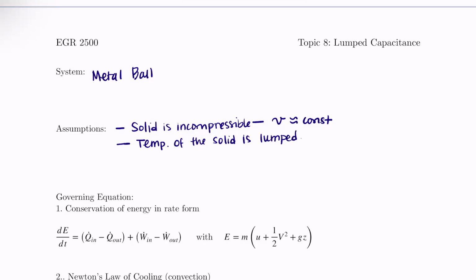All right, so that means that the temperature is only a function of time, not of space. And we're also going to assume that the fluid temperature is a constant, equal to T infinity.